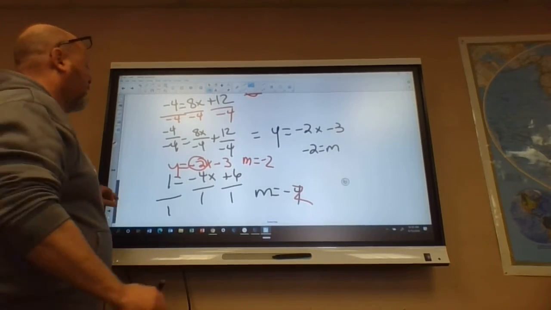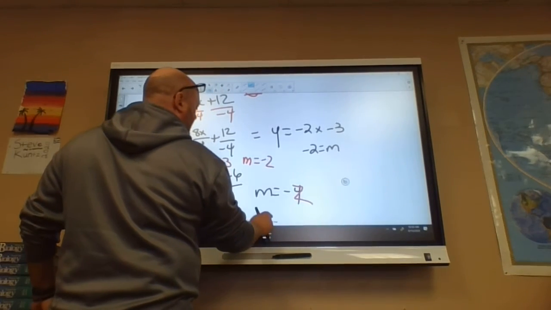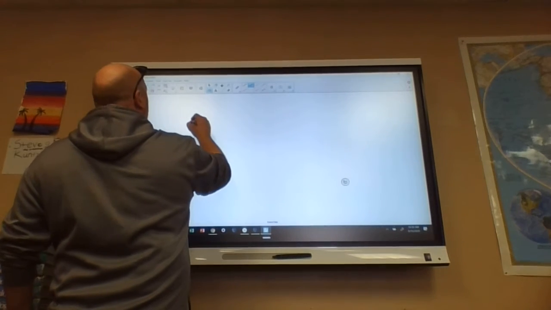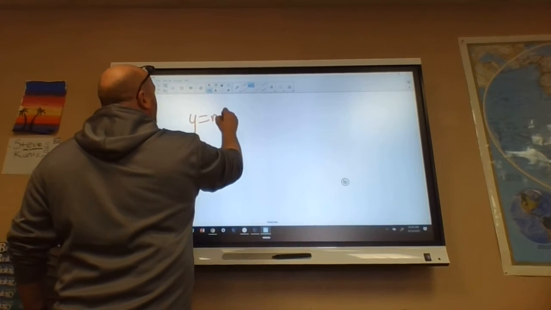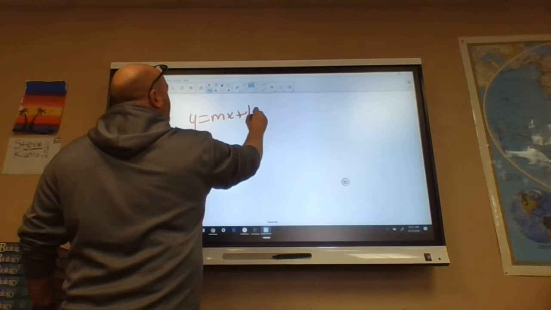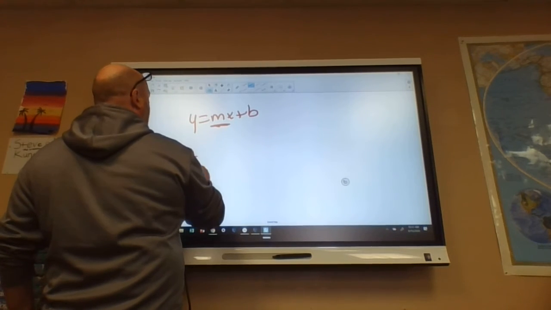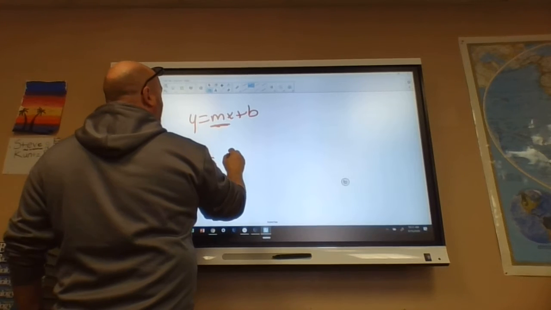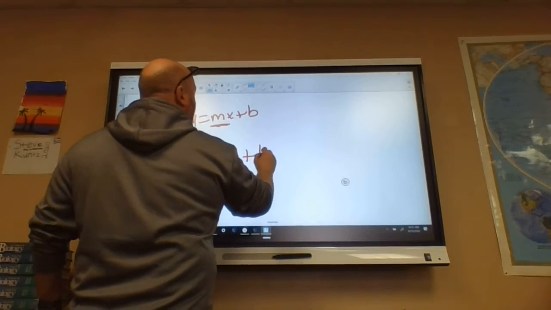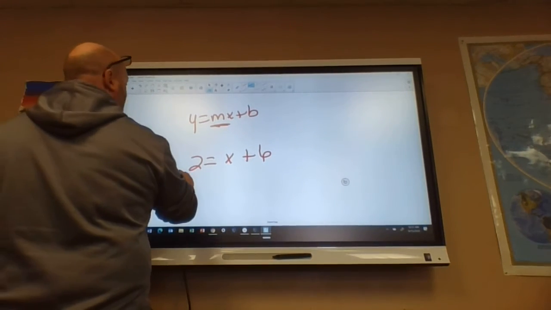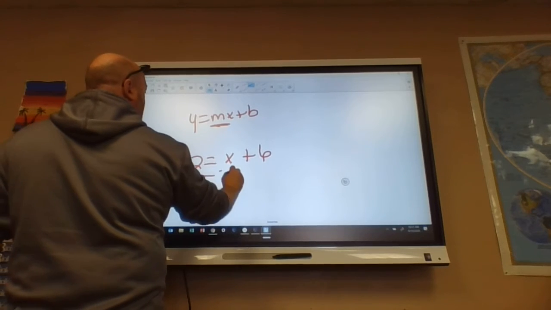So we just set up the equation every time. y equals mx plus b. Once again, it's the number always in front of the x. And if it's a 2y, and I have x plus 6, divide everything by 2, right?